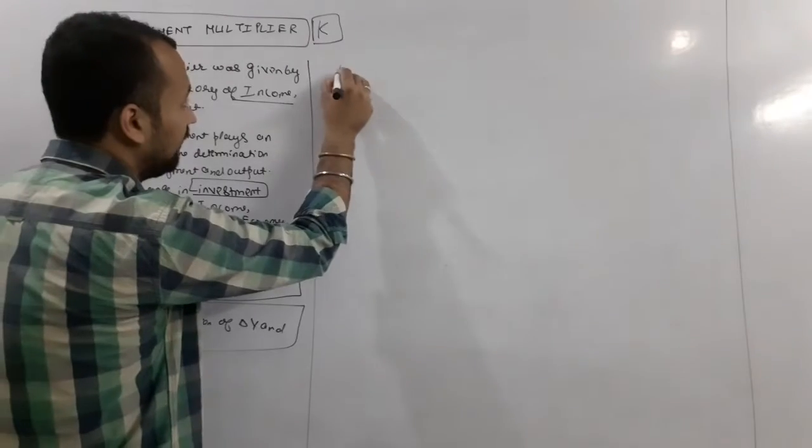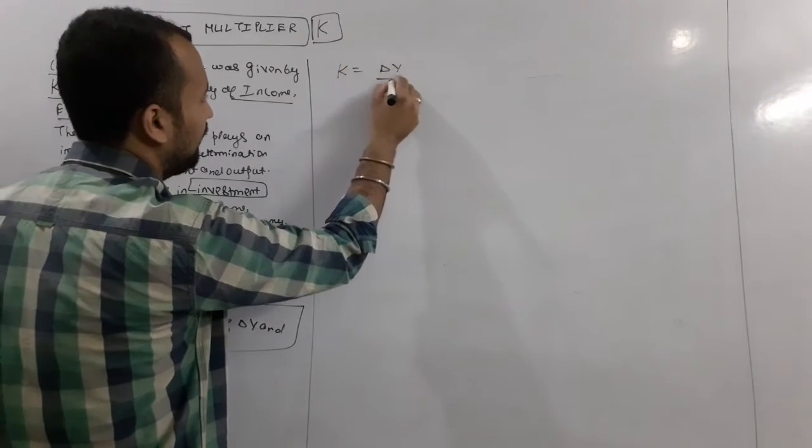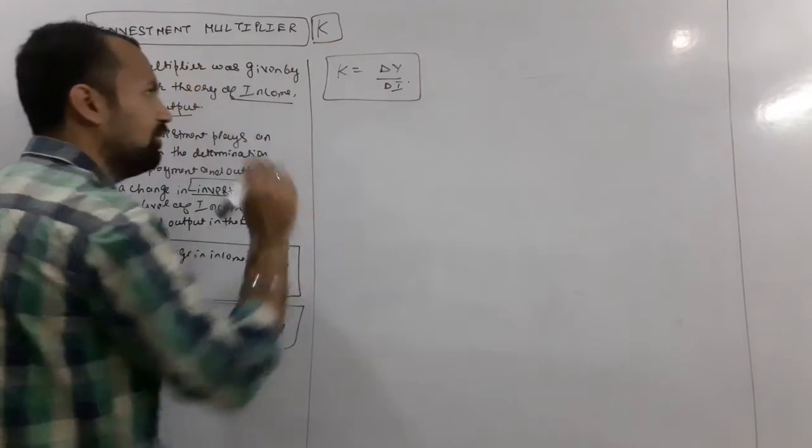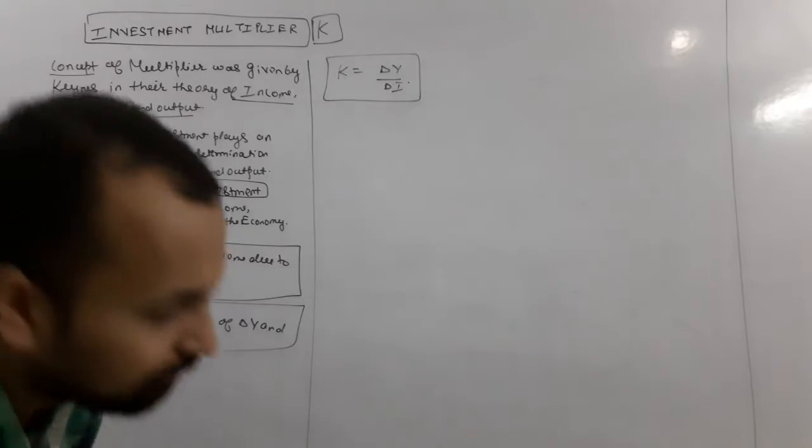So it can be written as K equals delta Y upon delta I.